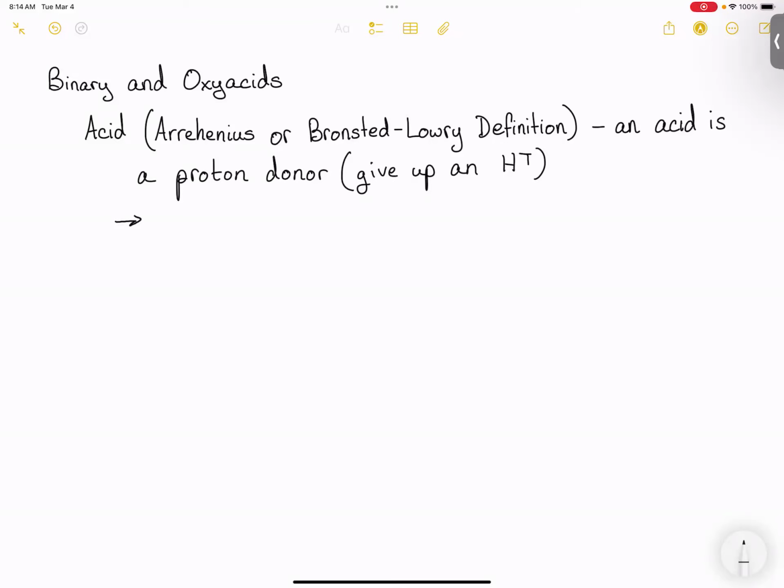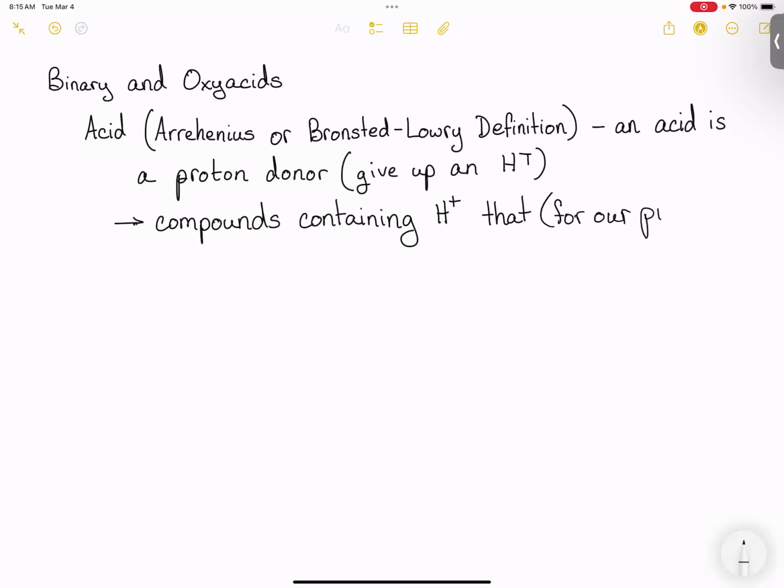Acids are going to be compounds containing hydrogen that, for our purposes, are dissolved in water.